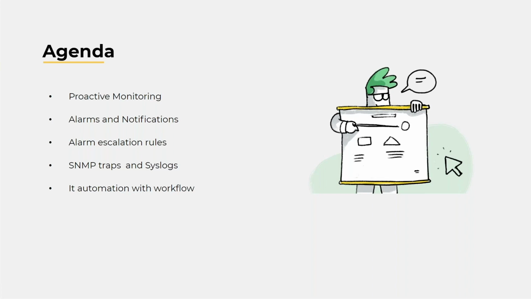So how can an alarm escalation rule help you stop further escalation from the user end? We will also look at other features that OpManager has to monitor your network infrastructure, and a few workflows that one can make effective use of to monitor the network, server, or virtual environment.